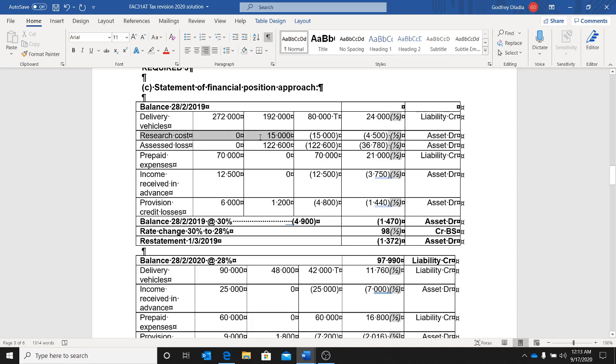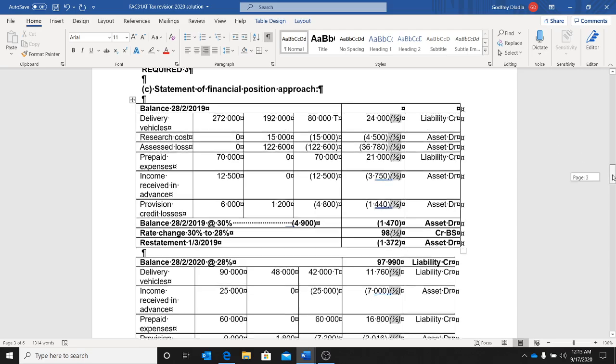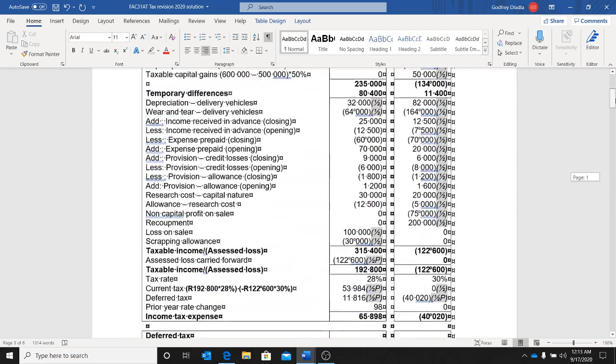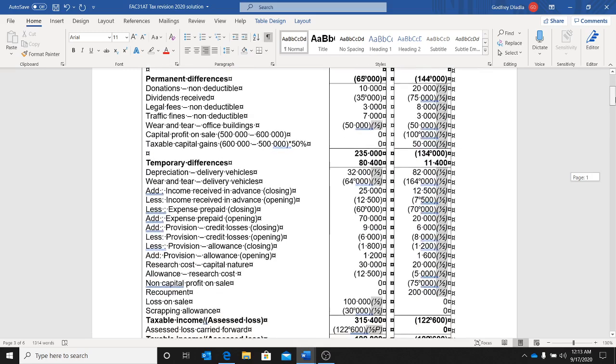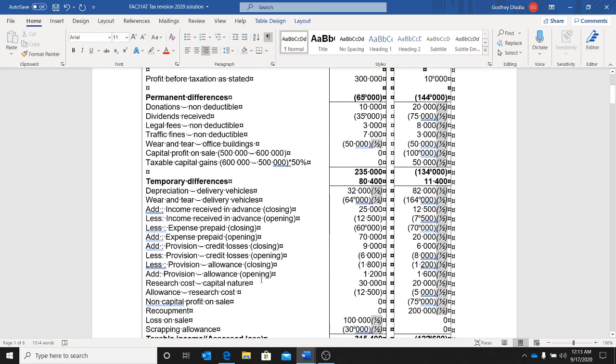Let's look at the research, this one here. Now research in 2019 was expensed. Research, you'll see here that this is the reversal, né? But here under expenses, you've put an expense of 20,000, which was research. And then the receiver reversed it here and then put an allowance of 5.